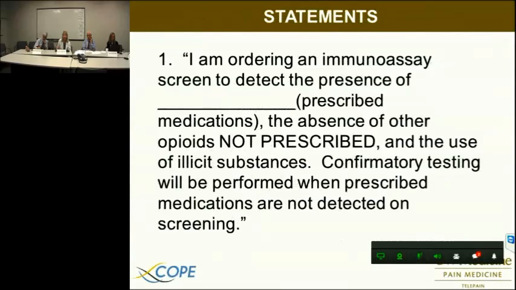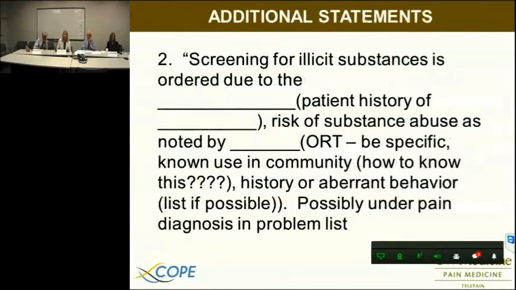You're ordering immunoassay to detect for this, the absence of that, and you'll do confirmatory testing when prescribed medications are not present for screening. Another possibility is screening for illicit substances is ordered due to certain patient history, patient taking their mother's medications because their medications have been stolen, whatever. But write down why you're doing it.